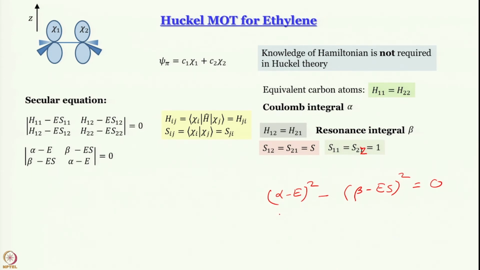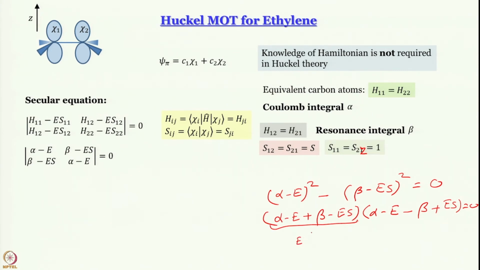So, we know what it means: x plus y into x minus y equal to 0. Setting the first factor to be equal to 0, what do you get?